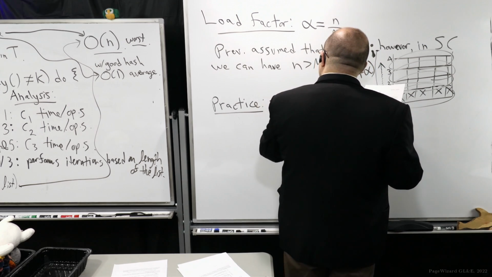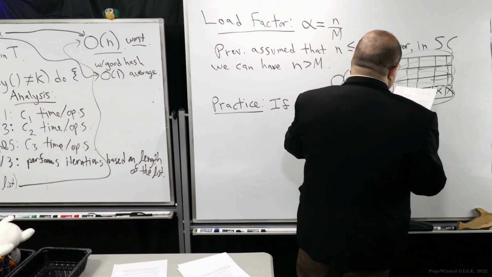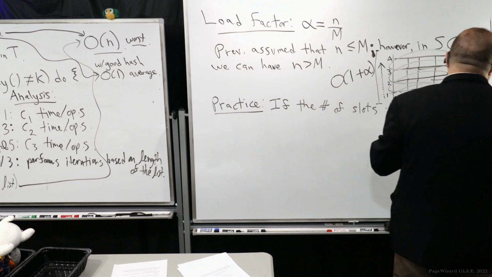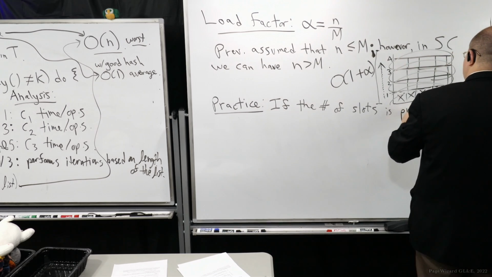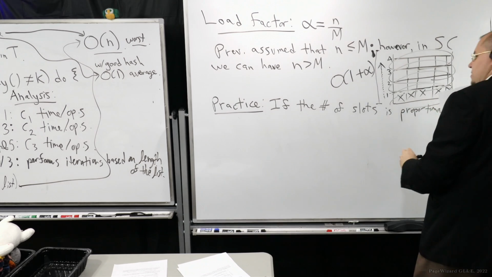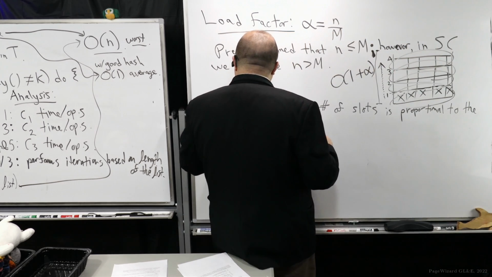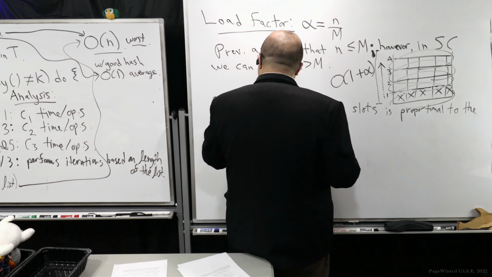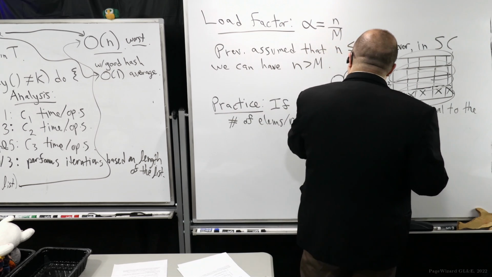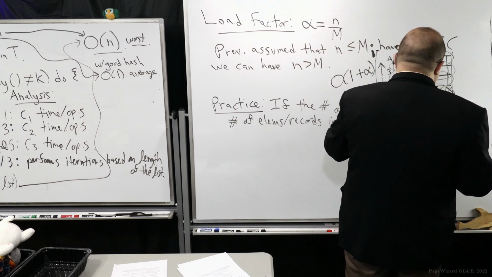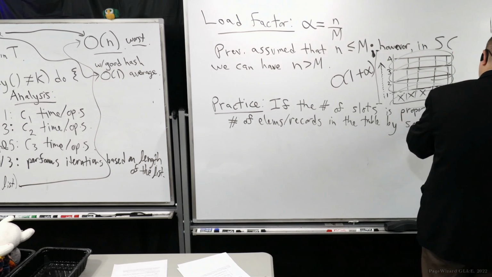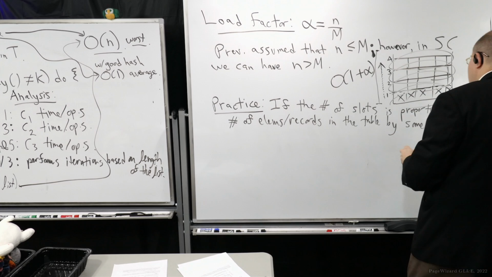If the number of slots is proportional to the number of elements or records in the table by some constant, then what does that mean?